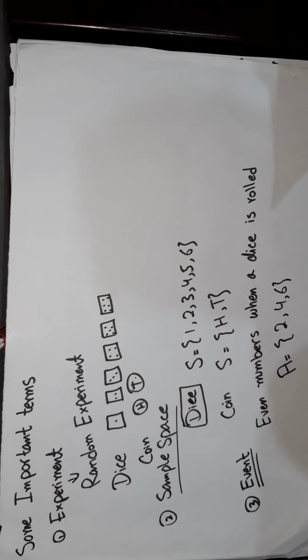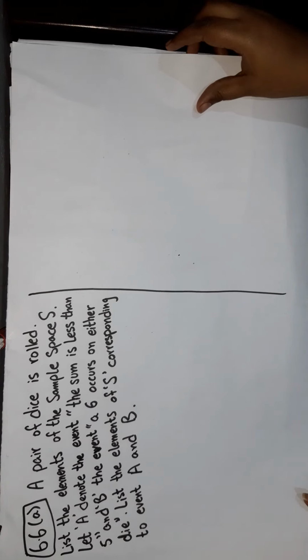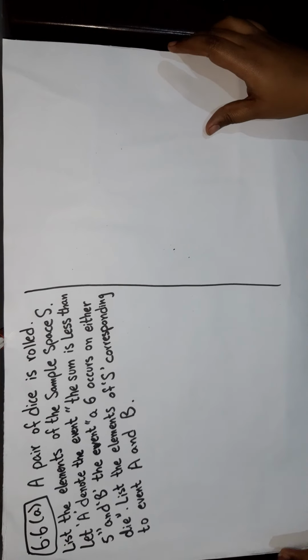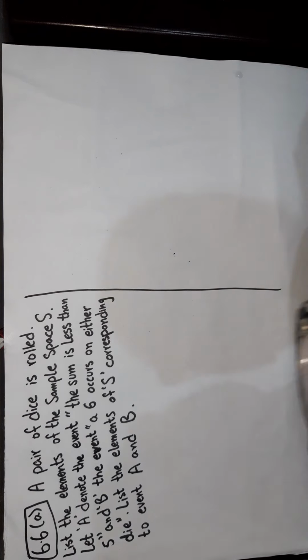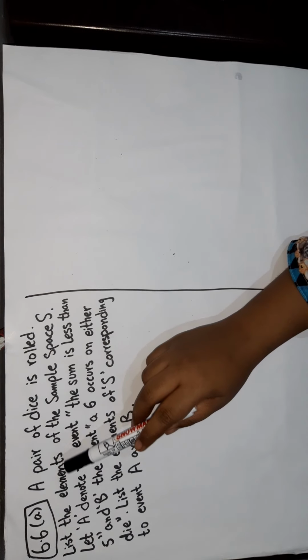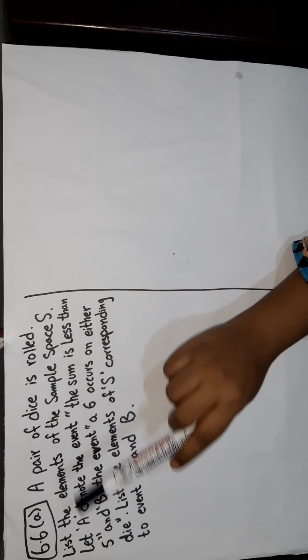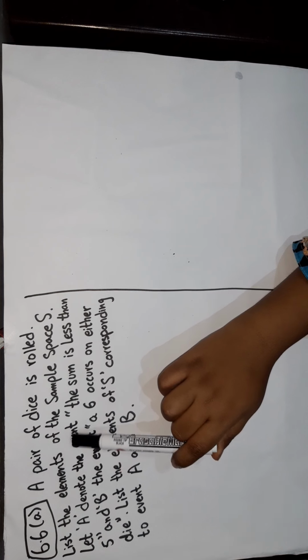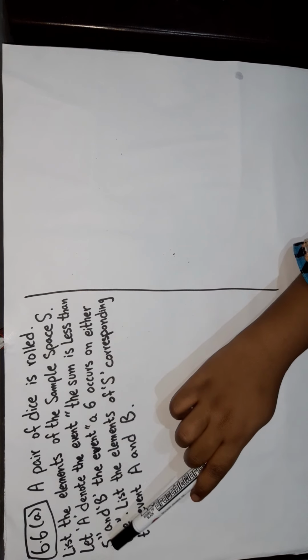Okay, now to make these terms more clear, we have a question which is taken from your book. Question number 6.6, part A. A pair of dice is rolled. List the elements of the sample space.